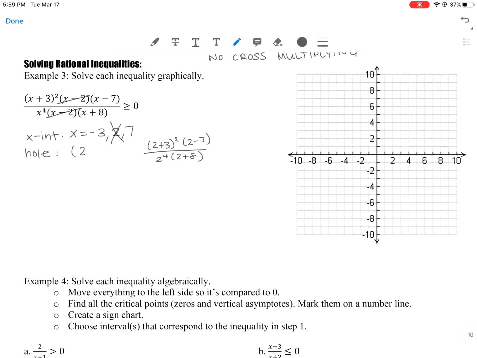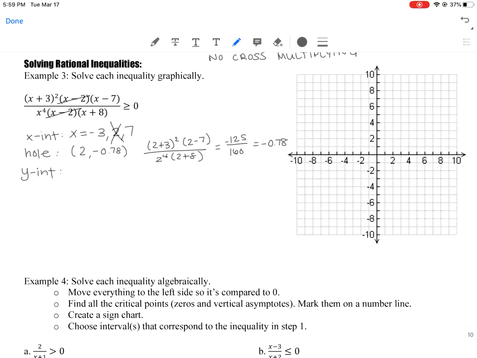So I think we get some fraction, negative 125 over, I believe, 160, so you end up with about negative 0.78. I do prefer the fraction form, but for graphing, it's going to be easier if we call it negative 0.078.